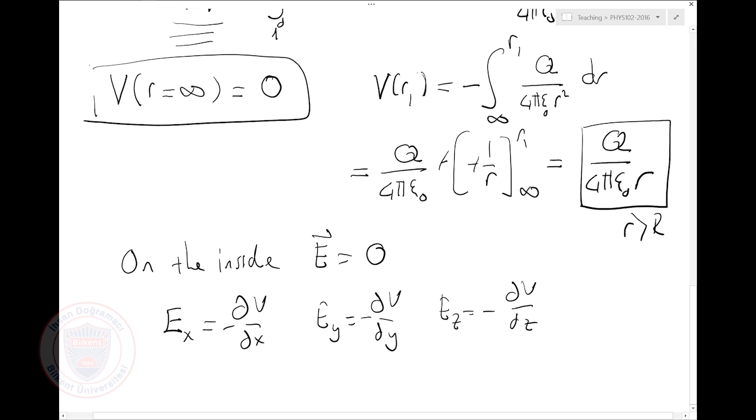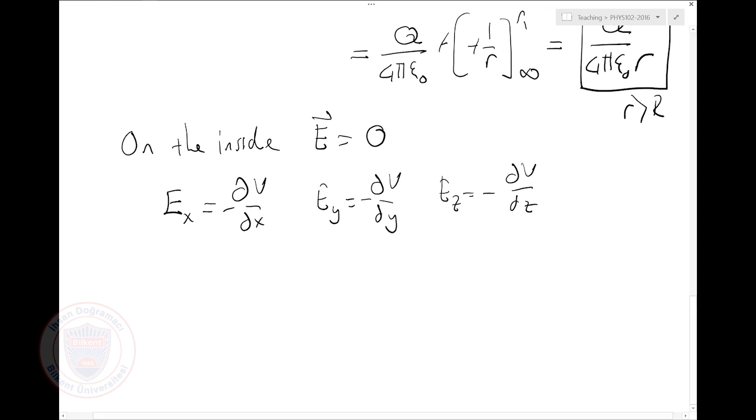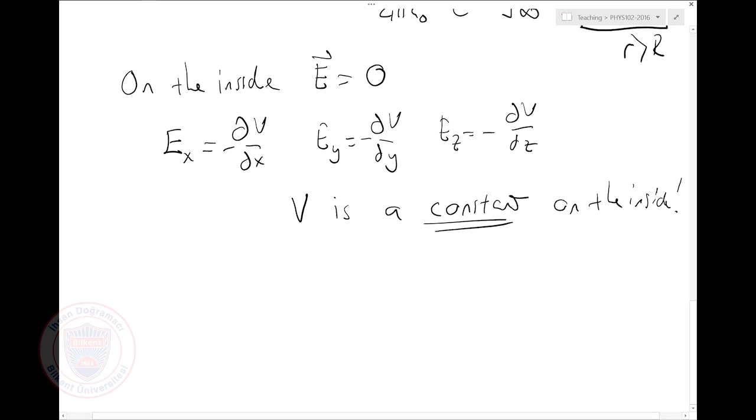If the electric field is 0, all of its components are 0, which means the derivatives in every direction for potential are 0. Then potential is a constant on the inside. All right? Then what's the value of this constant?